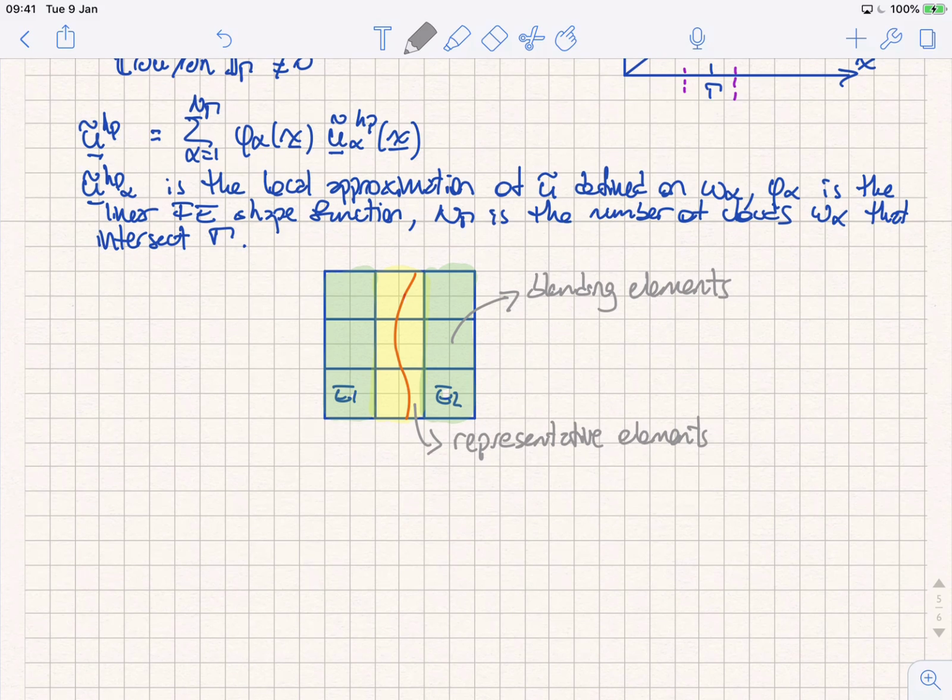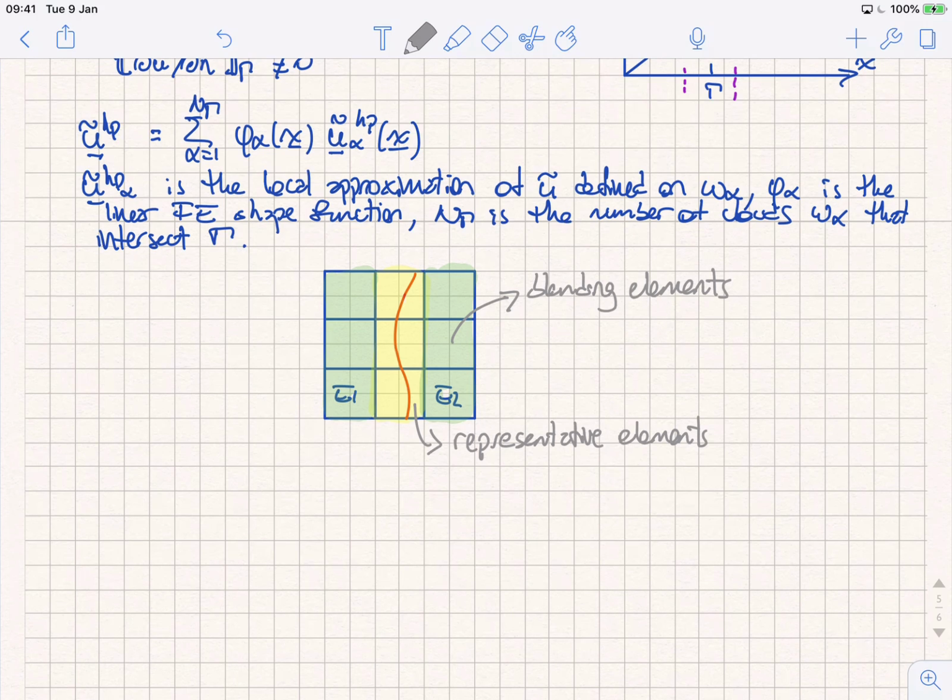In the GFEM context, what I'm going to do is add enrichments to the nodes of all those finite elements that are cut by the discontinuity. Now, the blending elements are basically contiguous to the representative elements and are blending those representative elements with the rest of your mesh, which you know already is going to remain linear, so it's your standard finite element discretization. Okay, that's why they are called blending elements.